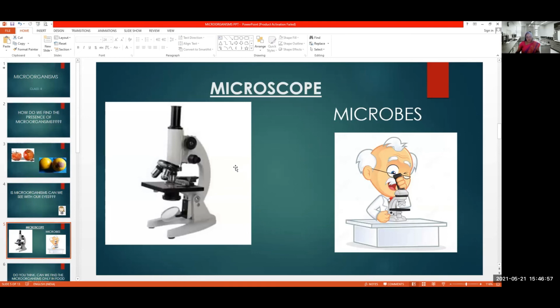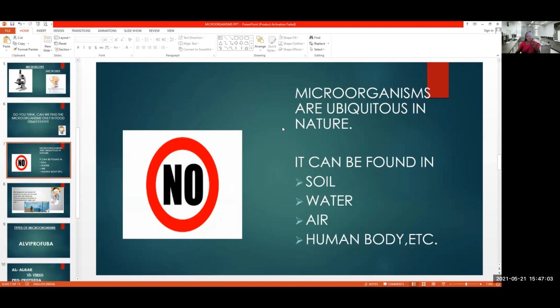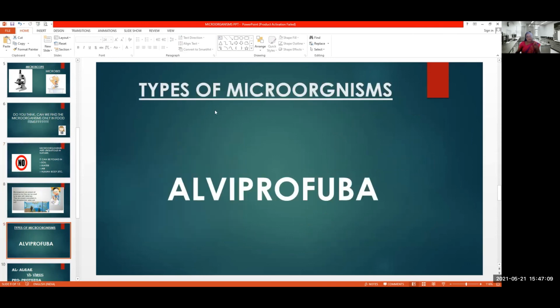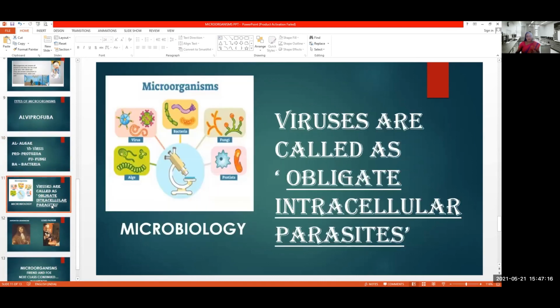Why is it called so? Then where are microorganisms present? They are ubiquitous in nature, present everywhere. And what are the types of microorganisms? Algae Profuba. Then why viruses are called obligate intracellular parasites. Then we have seen the study of different kinds of microorganisms.